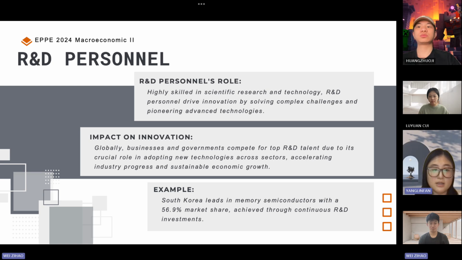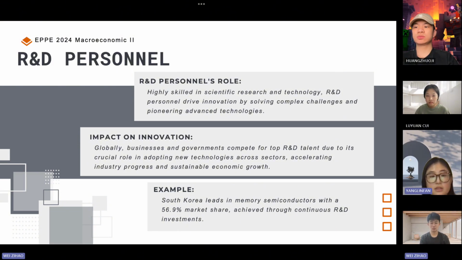And then it's about R&D personnel. The first one is R&D personnel's role. Highly skilled in scientific research and technology, R&D personnel drive innovation by solving complex challenges and pioneering advanced technologies.